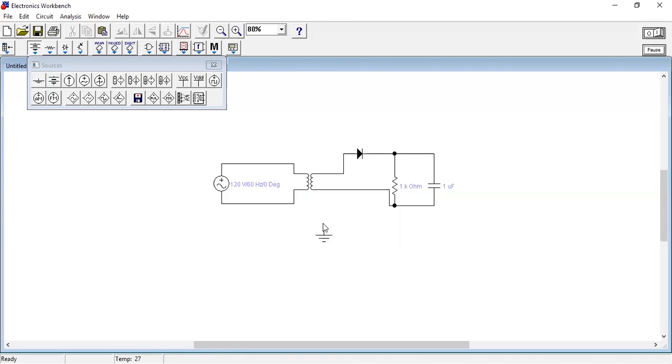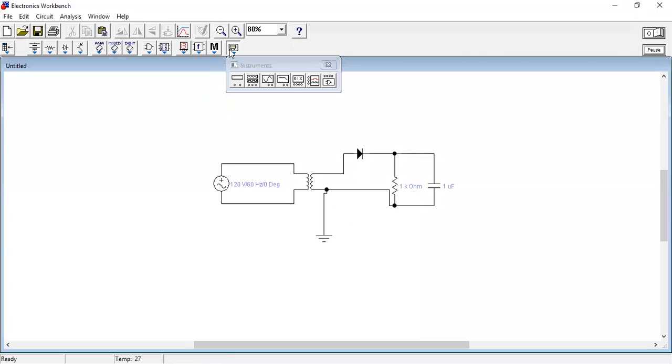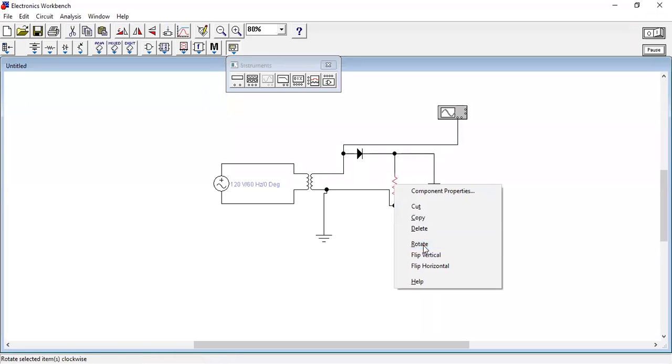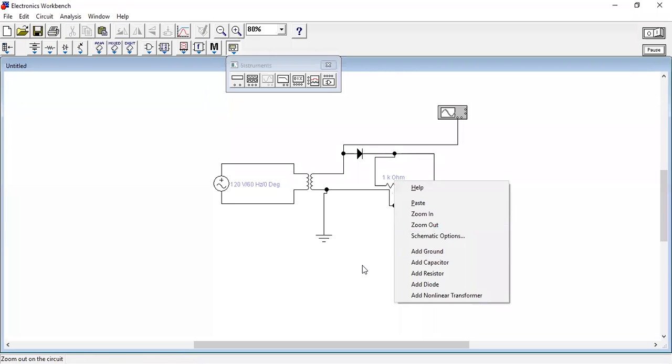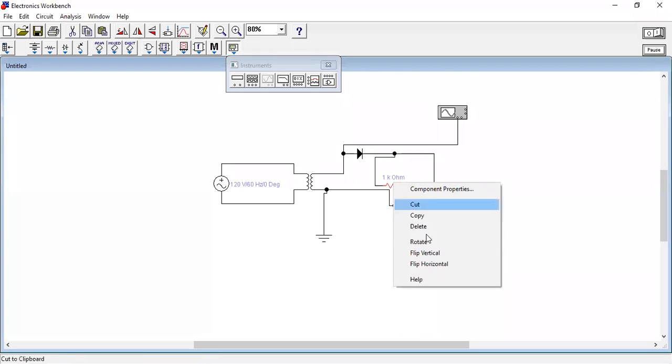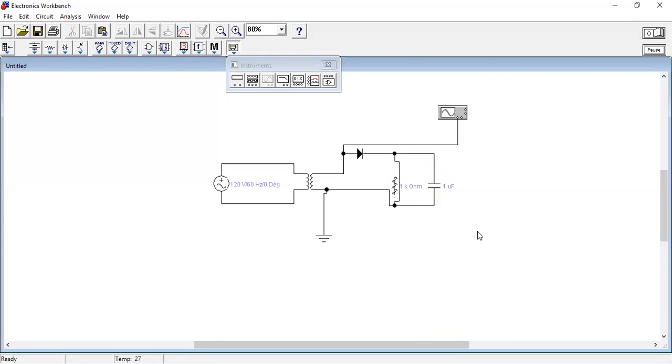Then we change the values: resistor 2 kilo ohm, diode 1N4001, and to find the input we used a 100 microfarad capacitor.